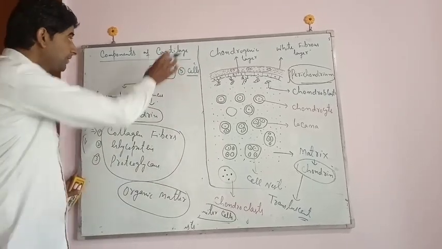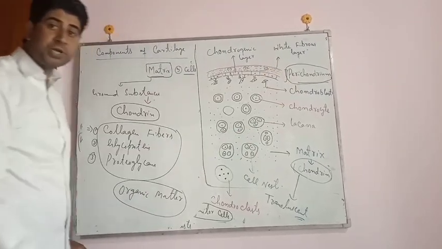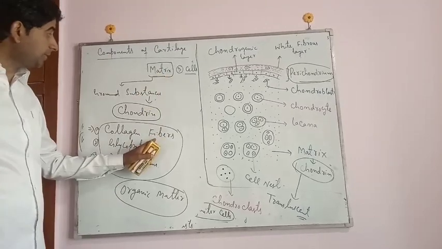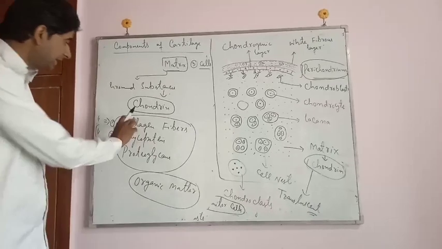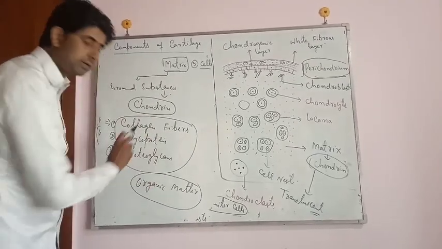So that is why cartilages are semi-rigid, in contrast to bones, which are more rigid and harder. It is only because of the composition of the matrix, which is made up only of organic matter, like collagen fibers, glycoproteins, as well as proteoglycans.